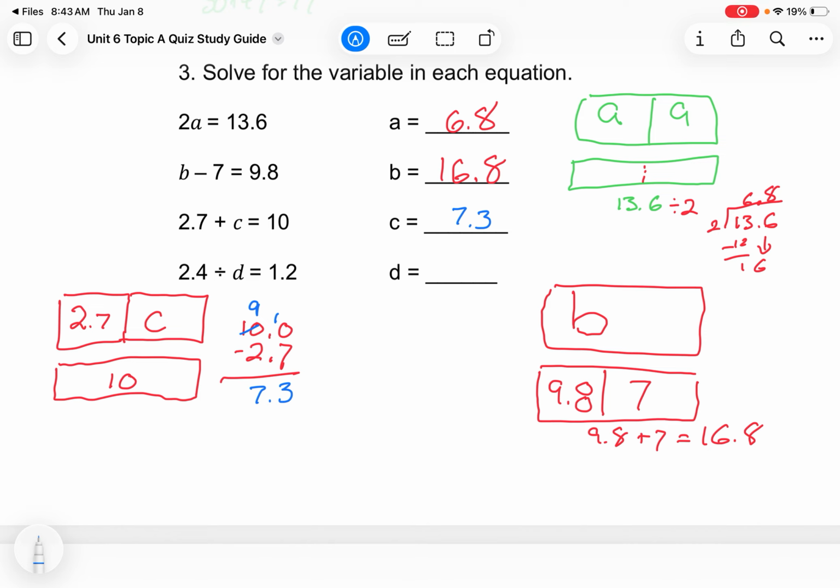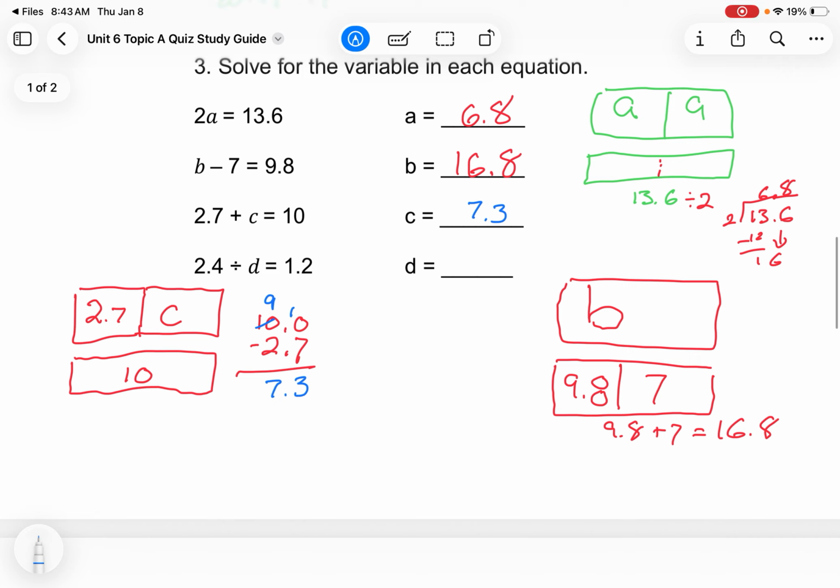And then you've got 2.4 divided by D is 1.2. So what do we do to 2.4 to get to 1.2?